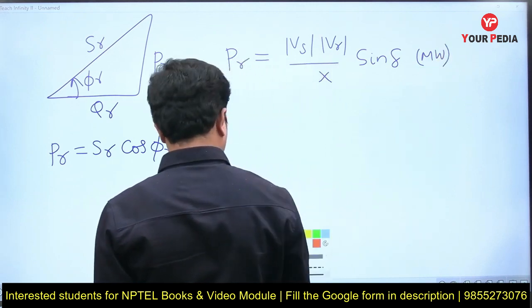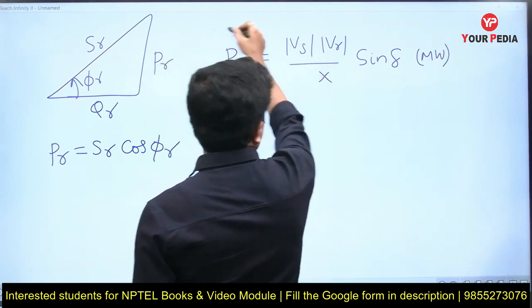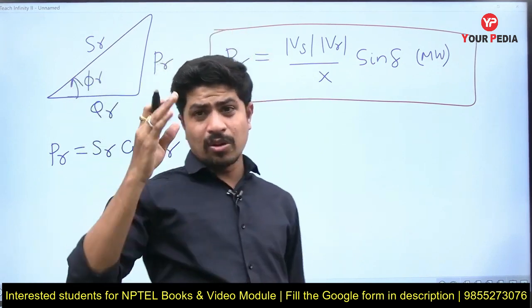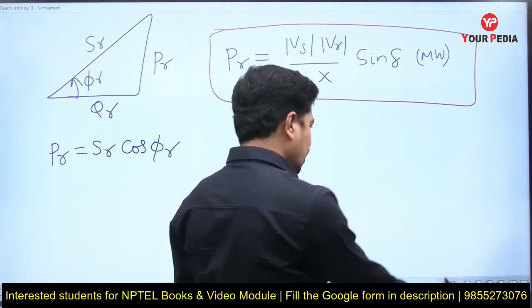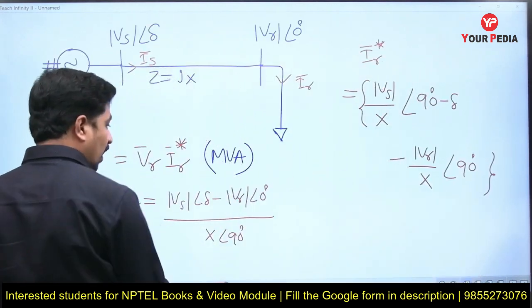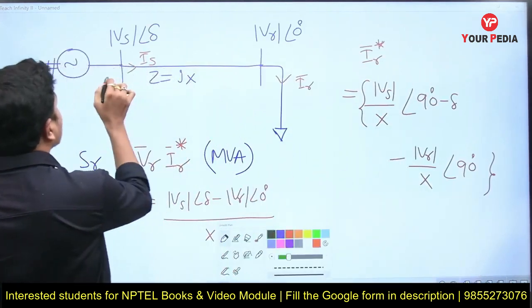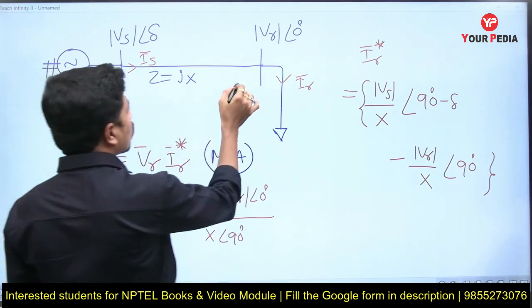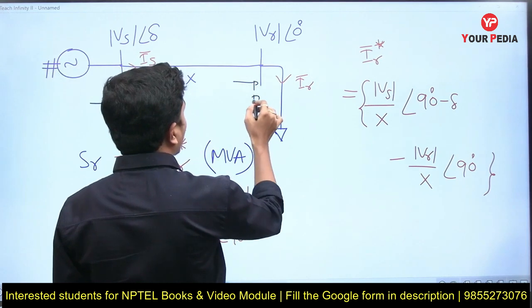Observe this one. In fact, PS also we have to get the same. Sir, without deriving, how you are able to tell? Yes, this is very simple. If we are sending power of PS from here, the same has to be received here. Why?